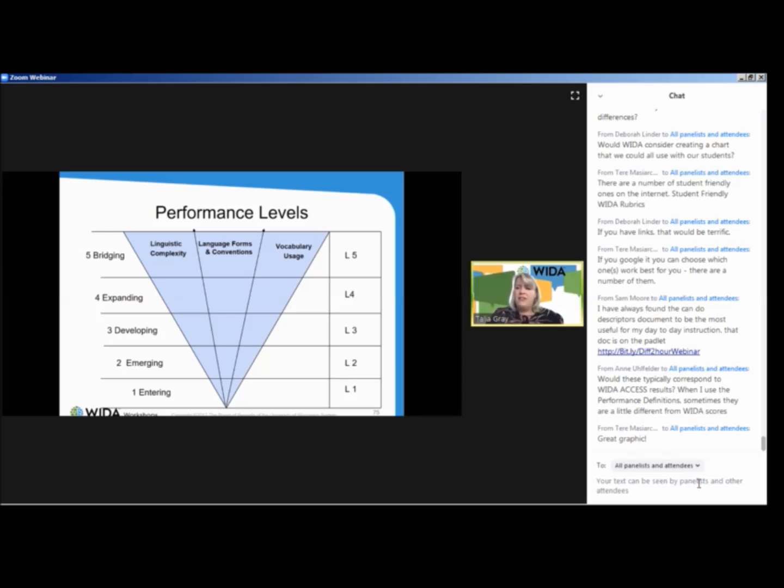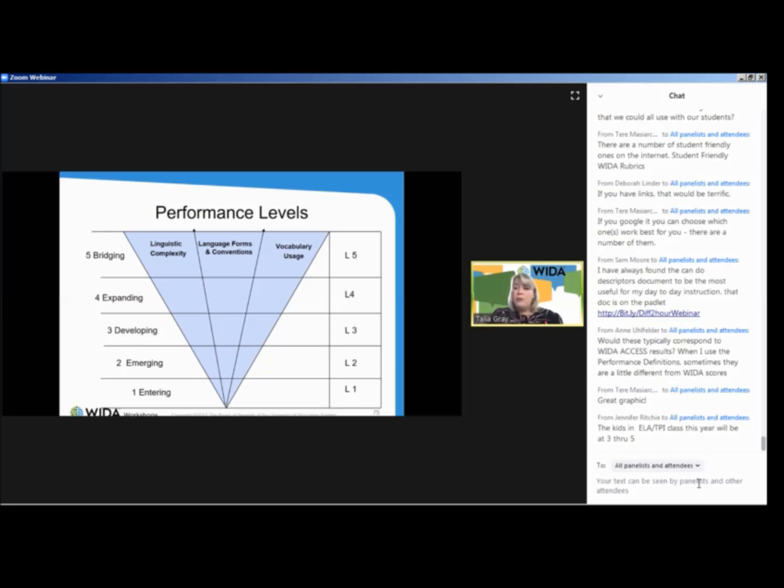That's just a visual to explain why sometimes students move really quickly and then they sort of get stuck. I don't like to use that term, but they stay for a while at one level. The reason is that the blue triangle is getting bigger and bigger as the levels progress.